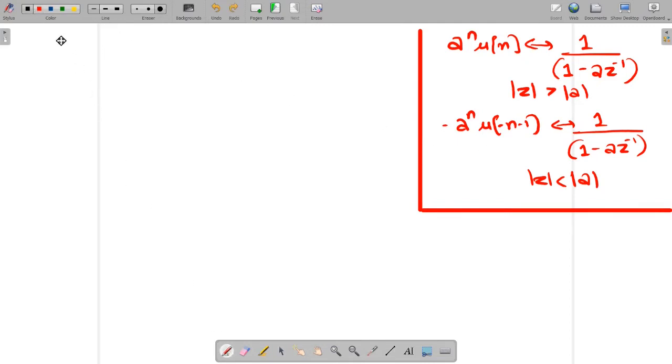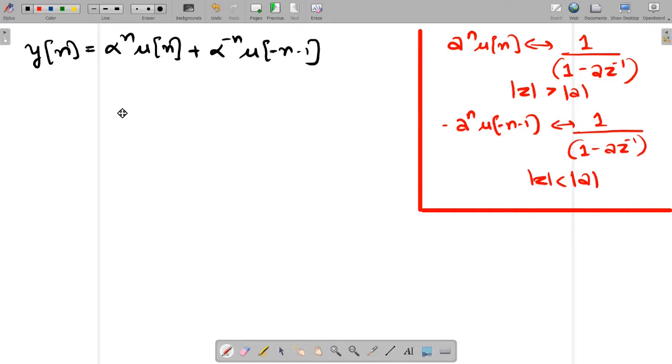From our earlier slide, we have y of n is equal to alpha raised to n u of n plus alpha raised to minus n u of minus n minus 1, alright. That is same as saying alpha raised to n u of n. This is in a standard form, a raised to n u of n, I can get the Z transform properly, but this is in a form a raised to minus n u of minus n minus 1.